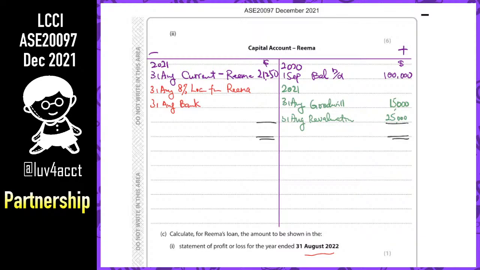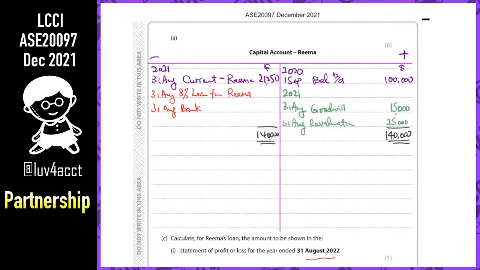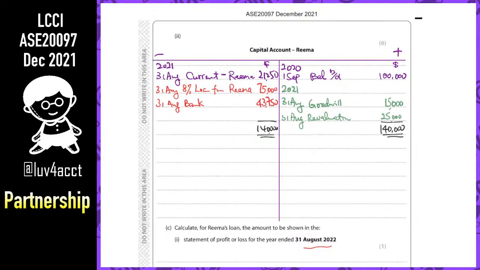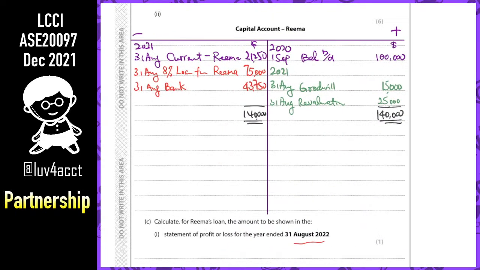Here we have 140,000. So the 8% loan from REMA is 75,000. The remaining item, 21250, 75,000, 140,000 would be 43750 bank. Okay, final settlement done. Very nice and neat, no confusing part. Very good.